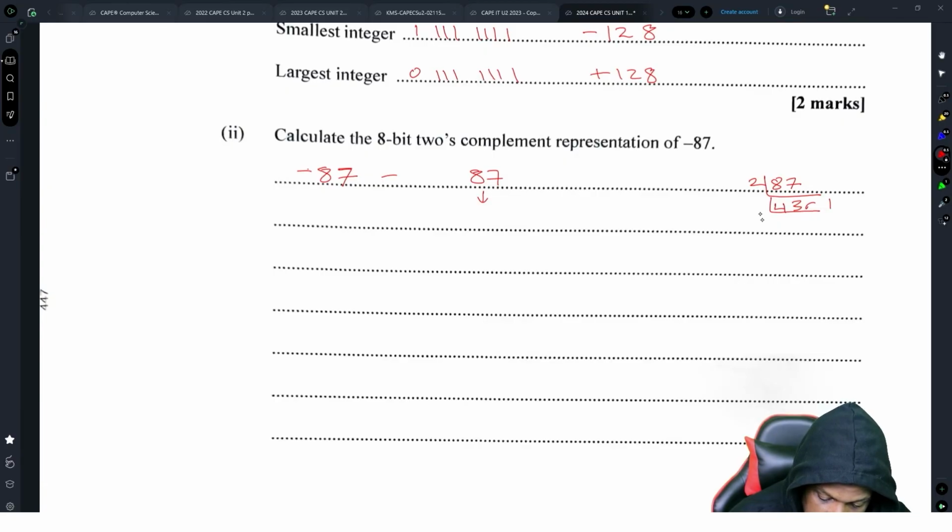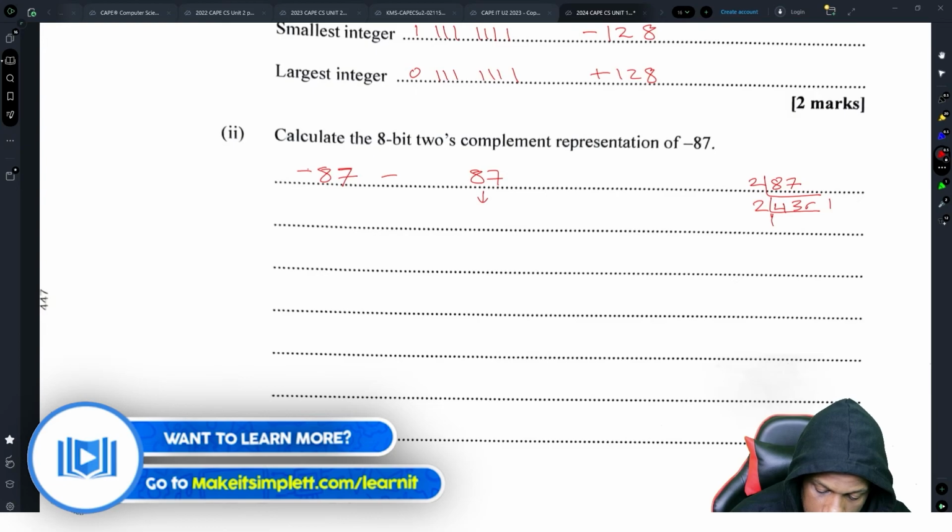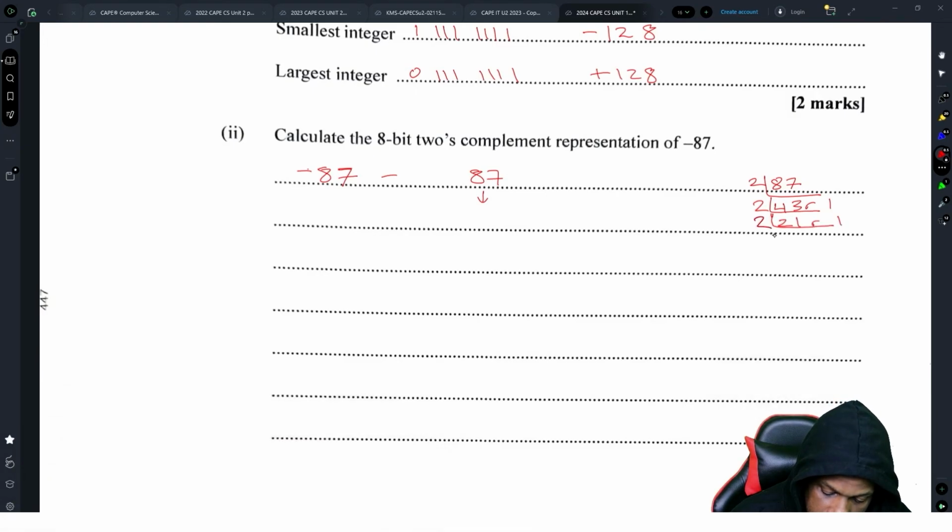2 into 43 is 21 remainder 1. 2 into 21 is 10 remainder 1. 2 into 10 is 5 remainder 0. 2 into 5 is 2 remainder 1. 2 into 2 is 1 remainder 0. 2 into 1 is 0 remainder 1.